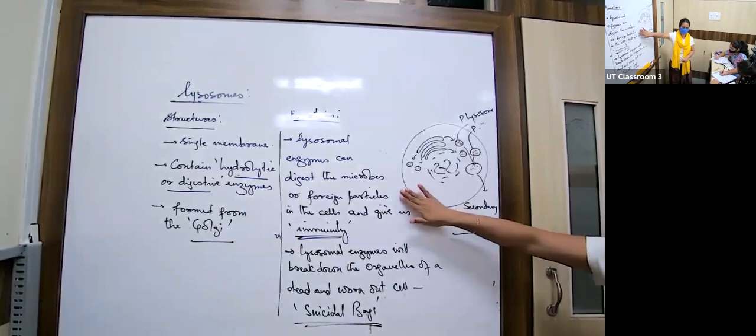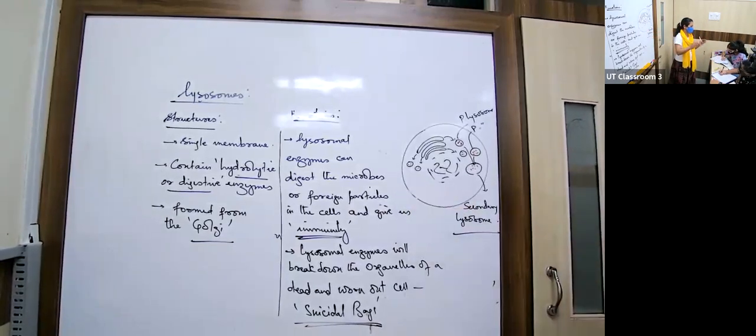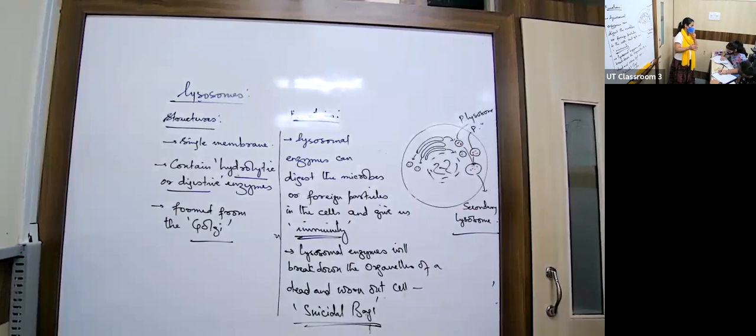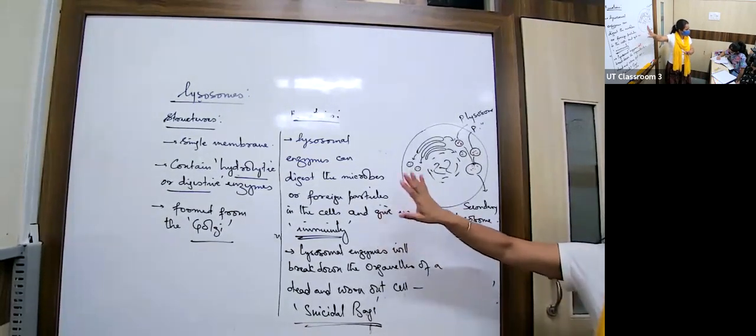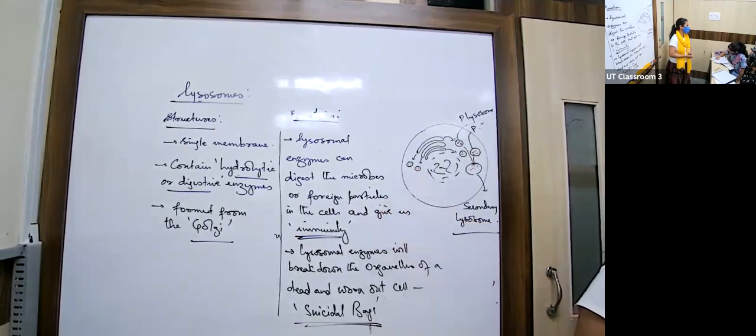When the lysosome is constantly giving us immunity by killing and destroying the disease-causing germs that enter the body from time to time, should we say that the lysosome is a suicidal bag at that time? No, that is what is giving us immunity. It is doing a good function. That's the reason we are always safe from diseases.